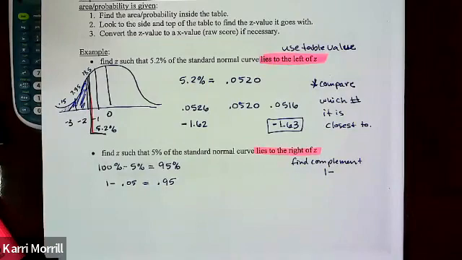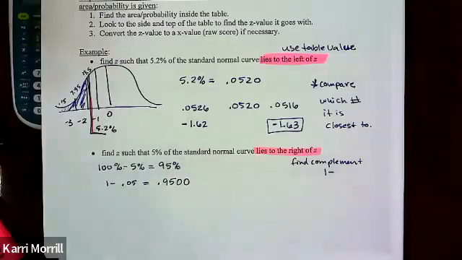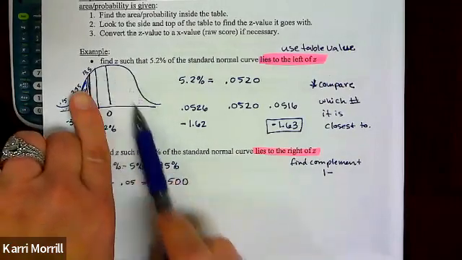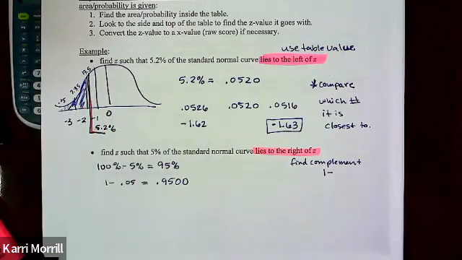So we're going to go to the table again, and we're going to be looking for 0.9500. So if it's to the right, let's look up here, it would be in the positive world, right? So we know we're going to be on the positive z table.